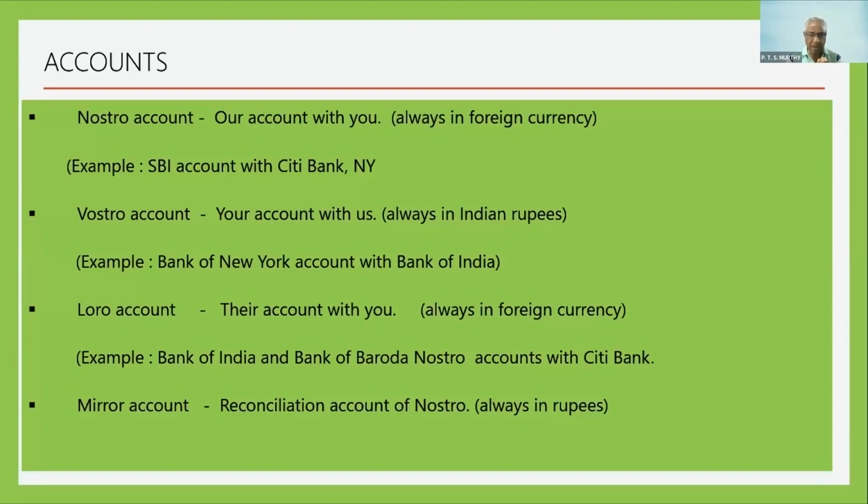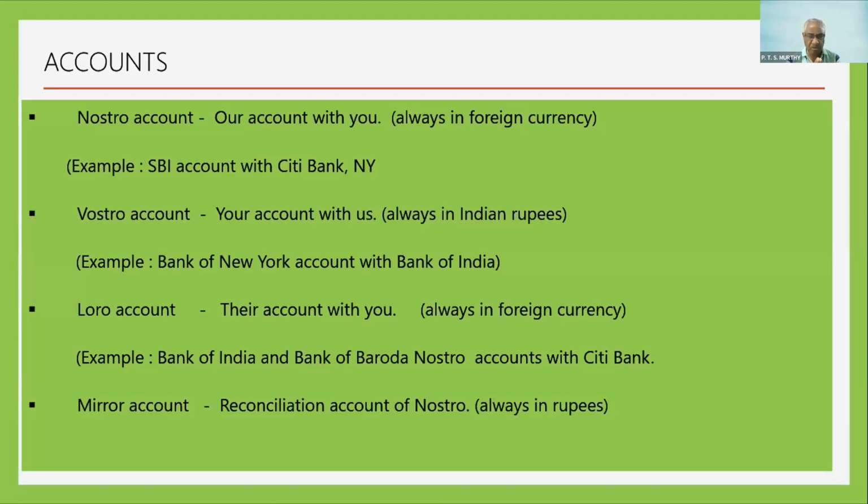Now, as per my customer's request, I have debited his account with the equivalent of $10,000, say 8 lakh rupees. Then I give instructions to Citibank New York to debit our nostro account with them and remit the funds finally to the beneficiary who is in Chicago.